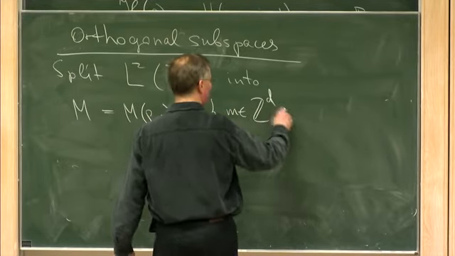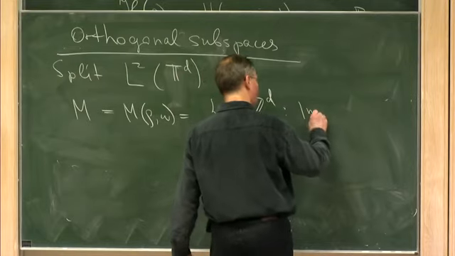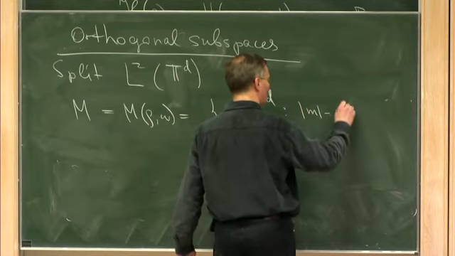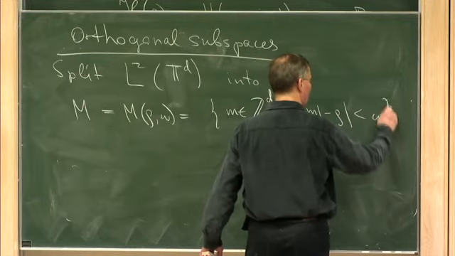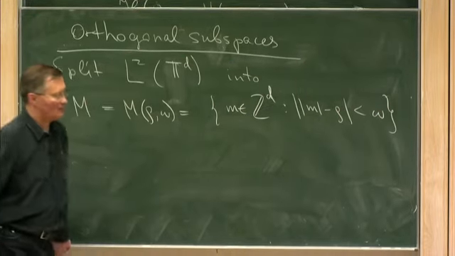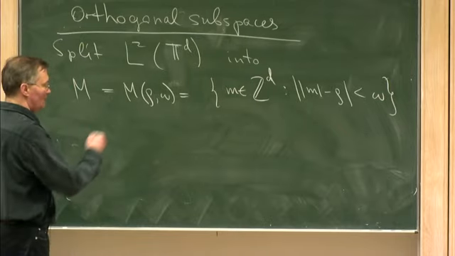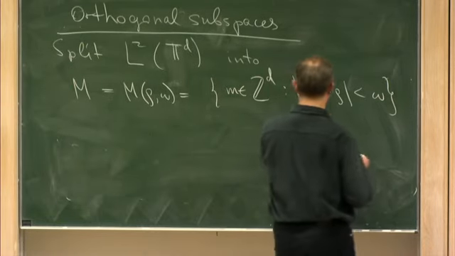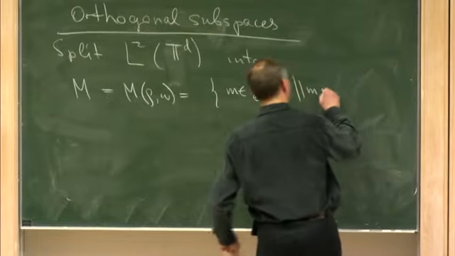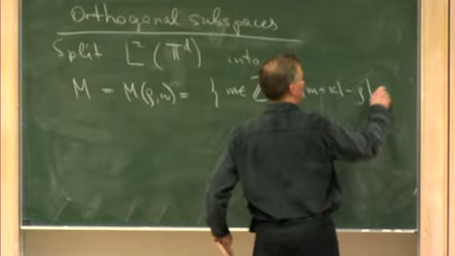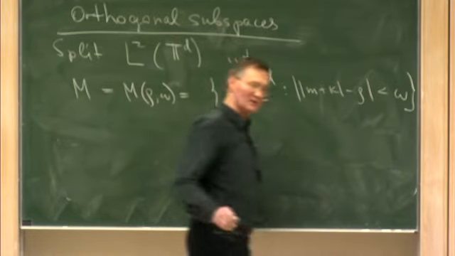These are the points of the lattice such that |m + k| minus rho is less than omega. Sorry, excuse me, m plus k minus rho, to be precise.